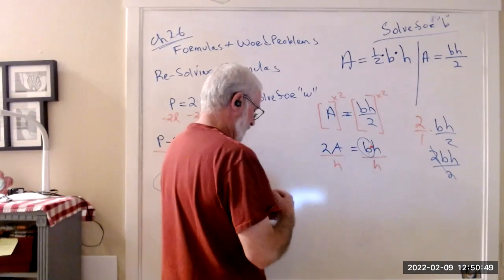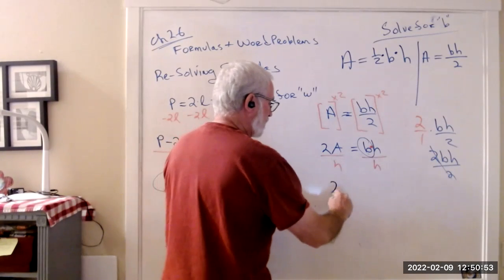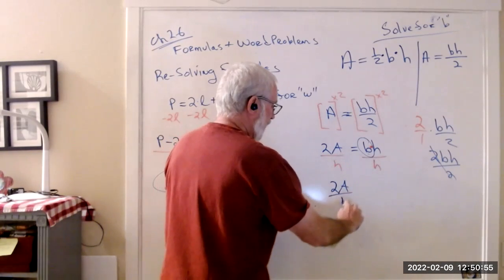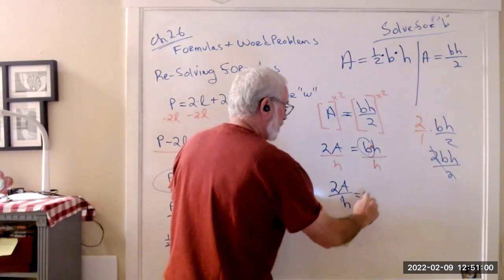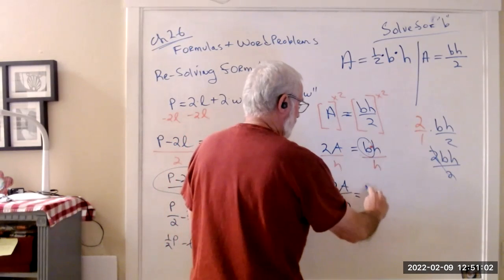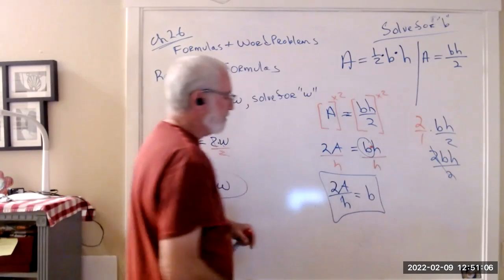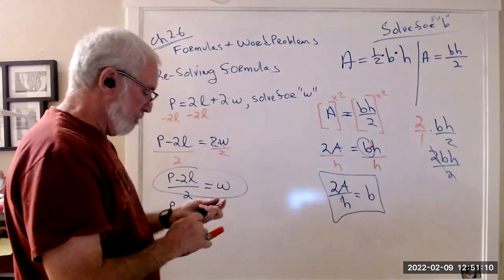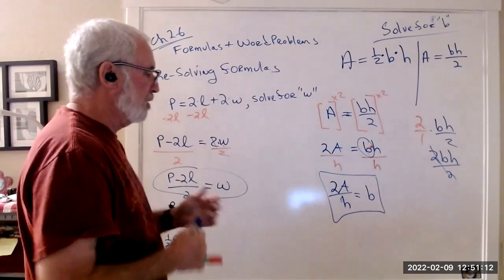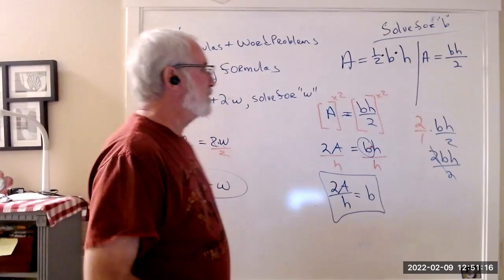So I divide: 2A over H equals, the H's cancel, I get B. Okay, that would be my answer, solving for B, so getting B alone. There are at least 3 different ways this problem can be done.